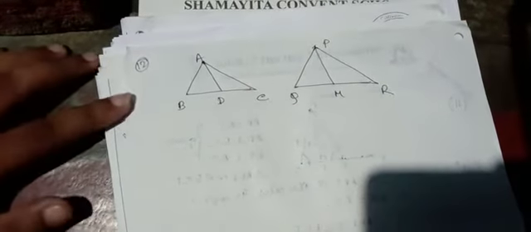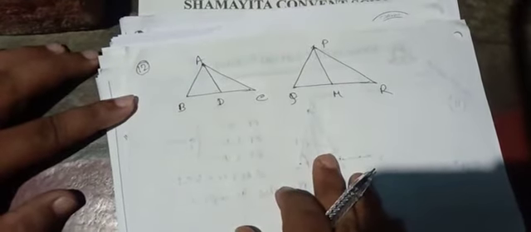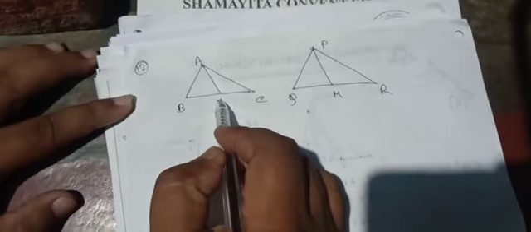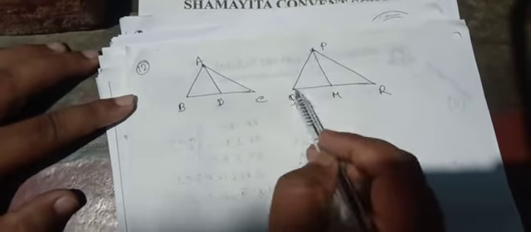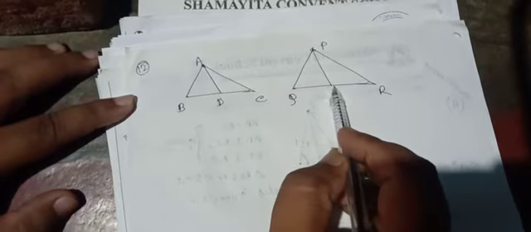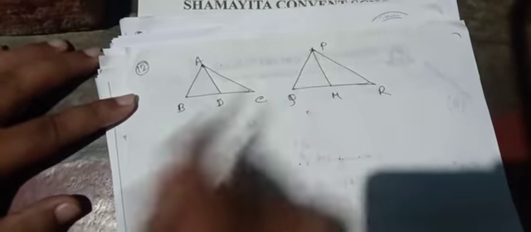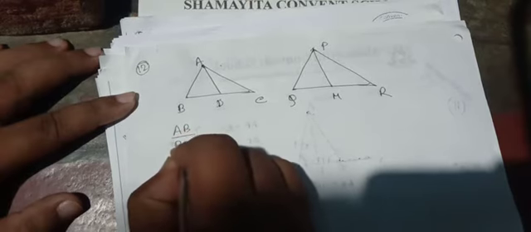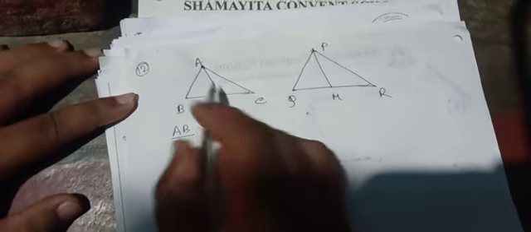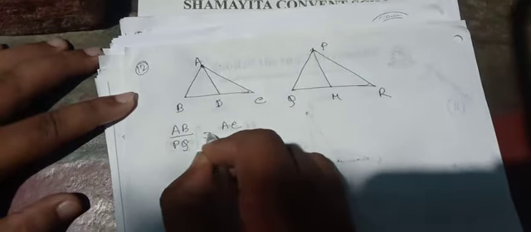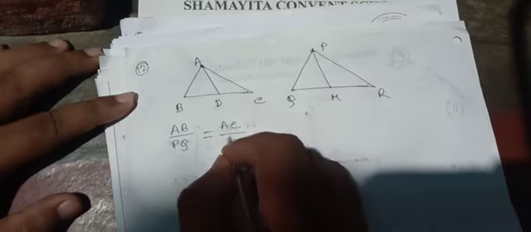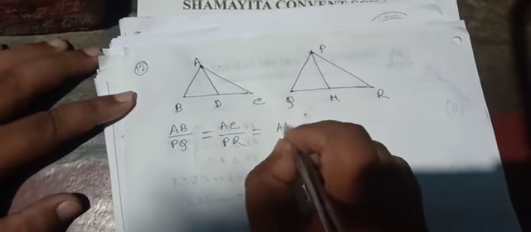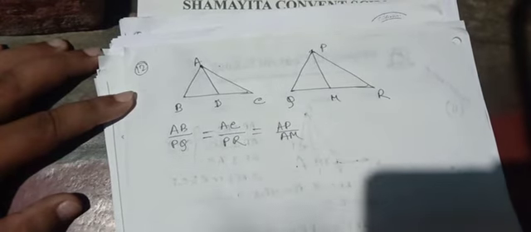It is given that the sides AB and BC and median AD of triangle ABC are respectively proportional to the sides PQ and QR and median PM of triangle PQR. That is, AB by PQ equals BC by QR equals AD by PM.